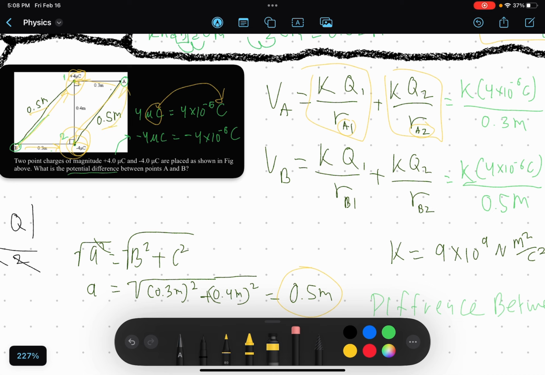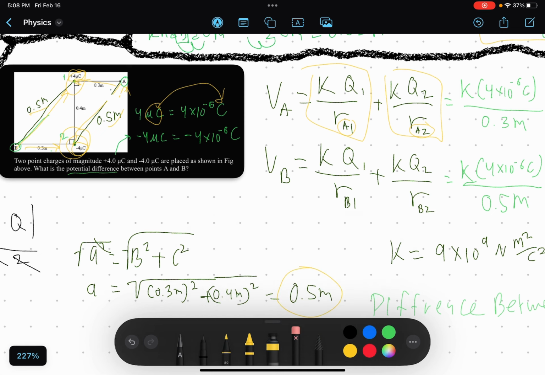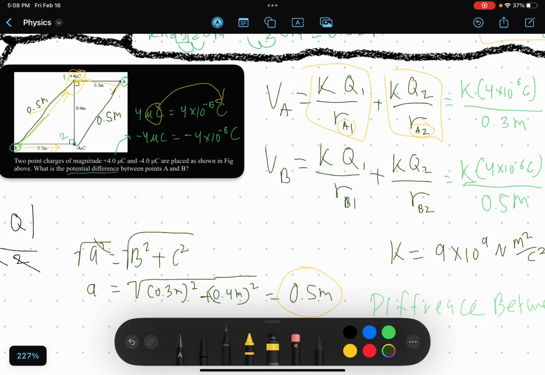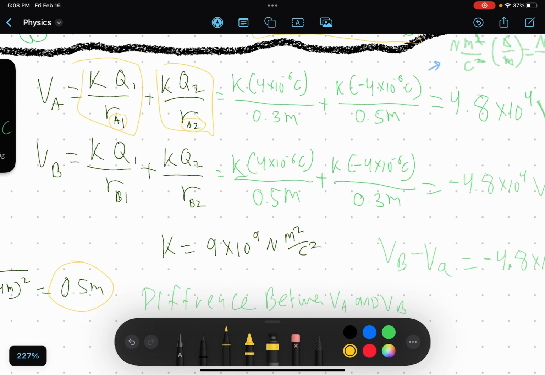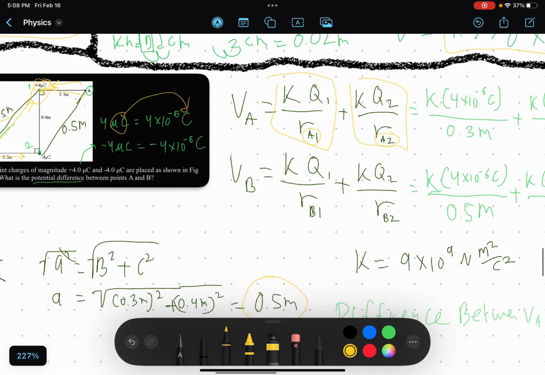Let me get rid of some of these yellows. I did 0.5 from the A. And same thing for the 1. A is 3 centimeters from the 1, so there you go.